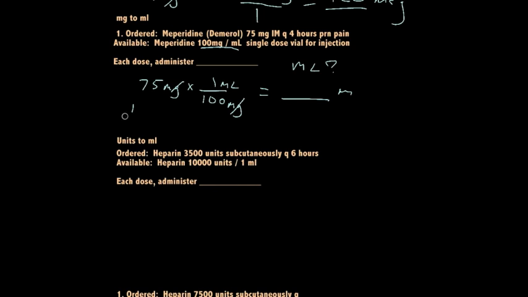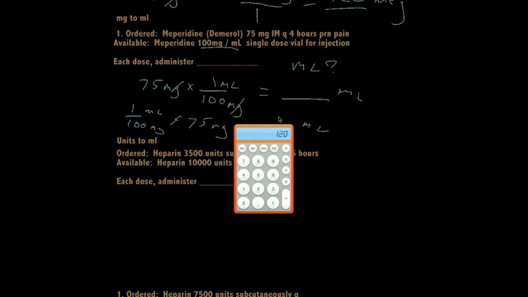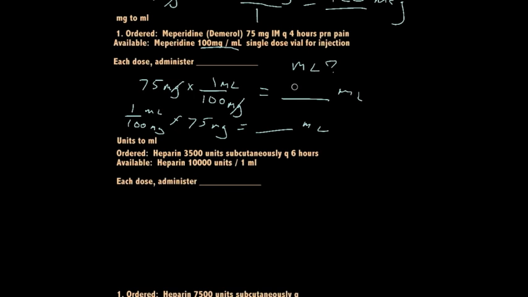Again, I could have just done 1 milliliter over 100 milligrams times 75 milligrams equals blank milliliters, put an L there, and got the same answer. So let's go ahead and plug this into our calculator. All right, 75 times 1 divided by 100.